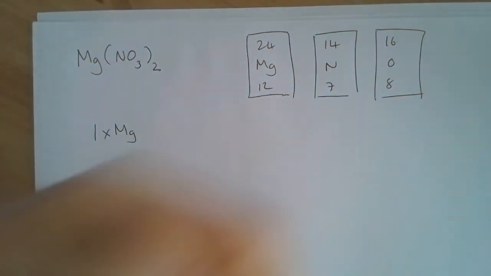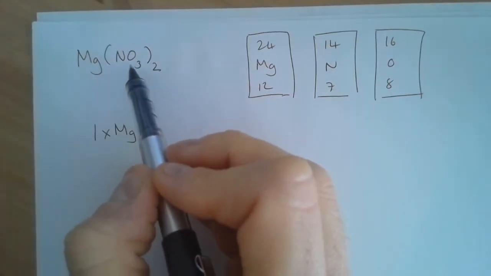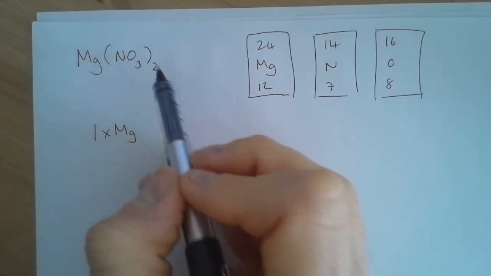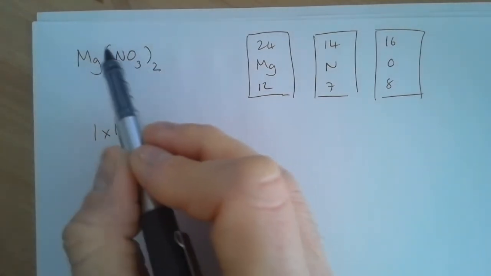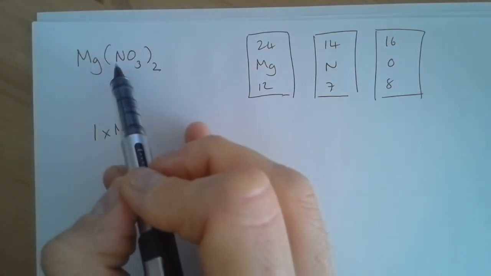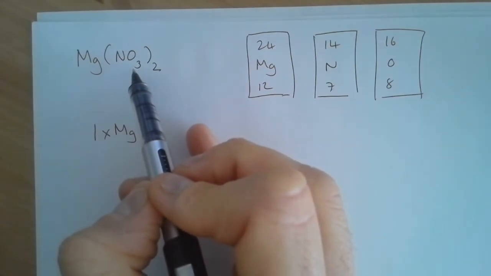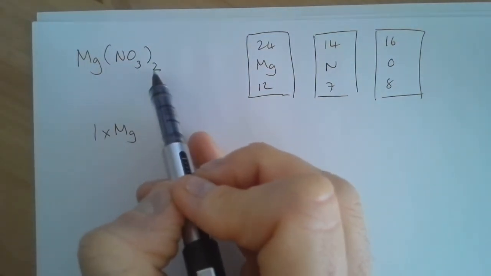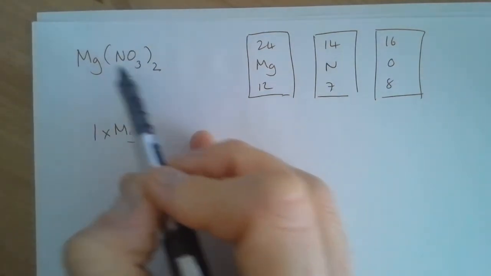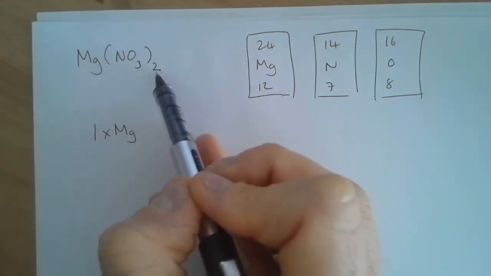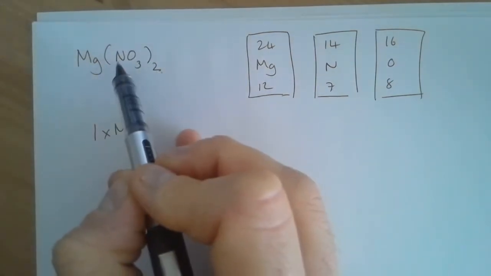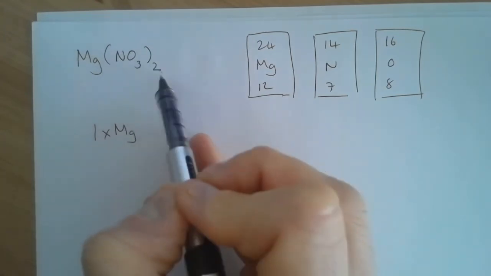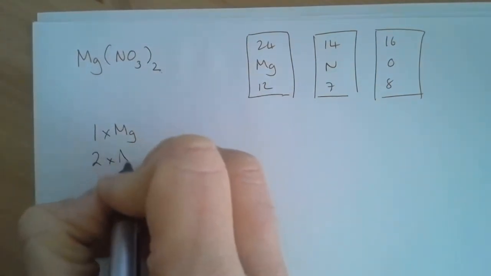1 magnesium. Now, this is where we get a slight problem here because we've got brackets. So the elements inside the bracket is 1 nitrogen and 3 oxygens. But there's a 2 outside the bracket, and that means everything inside the bracket has been multiplied by that number 2. So there's 1 nitrogen inside the bracket times 2 means there's 2 nitrogens.